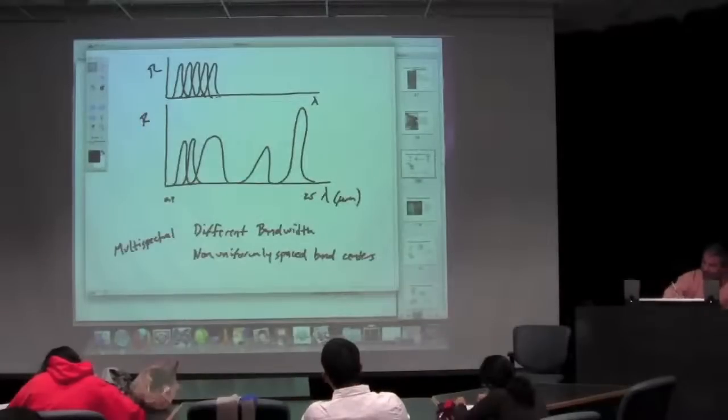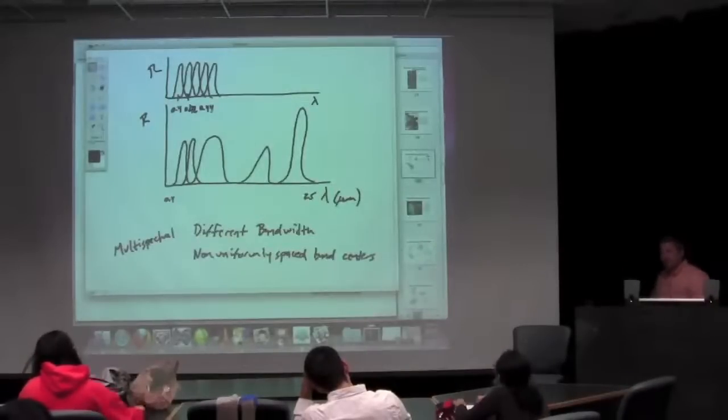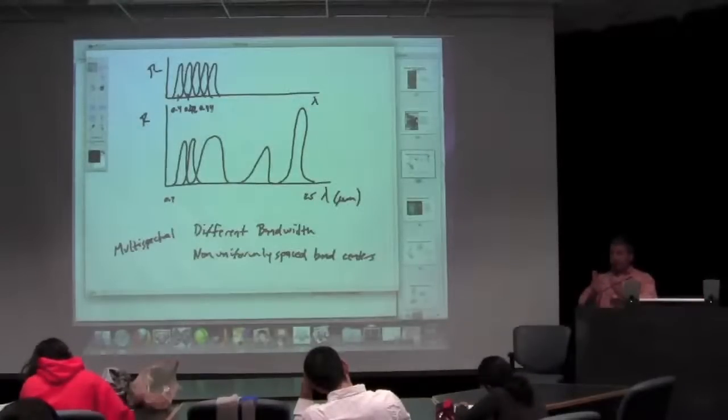So if this is 0.4 microns and this one's 0.42 microns, and this next one's 0.44 microns, the band centers will be spaced on 20 nanometer centers. And all the bands will typically be the same bandwidth.